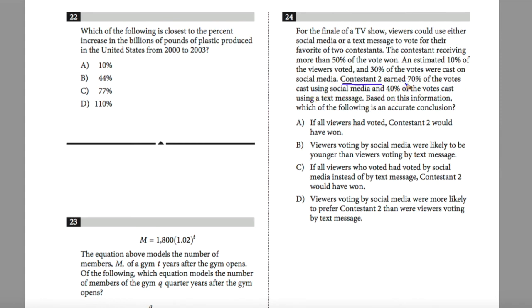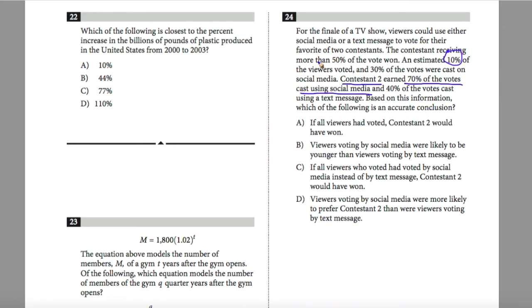So he seems to be the favorite, although only 10% of the viewers voted, and he needed to have at least 50% of the votes overall to win. Based on this information, which of the following is an accurate conclusion?